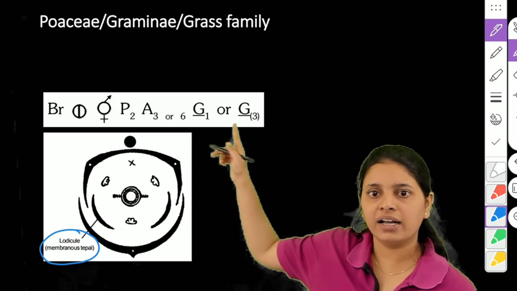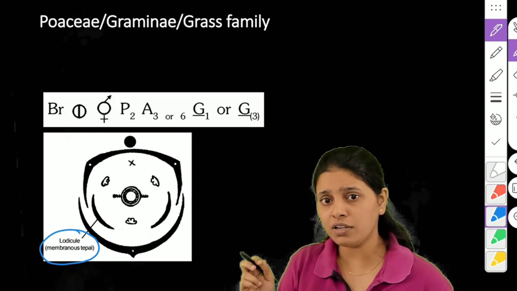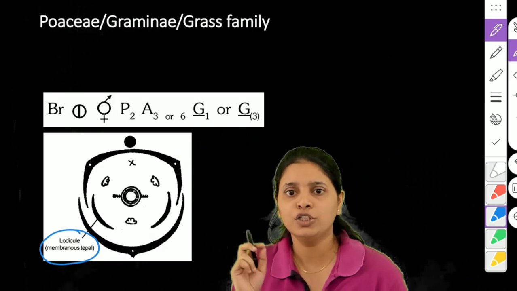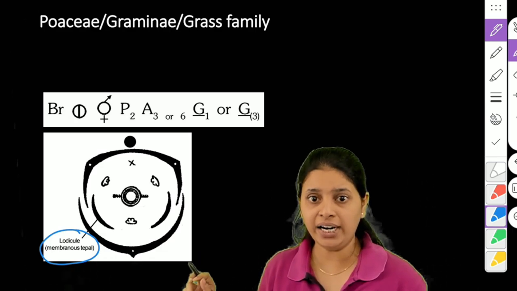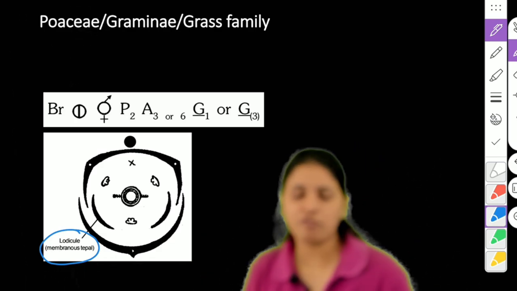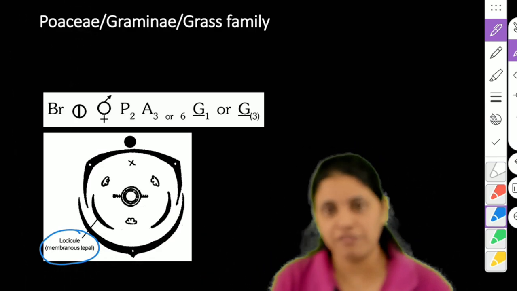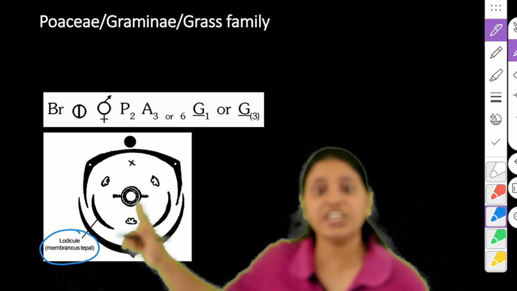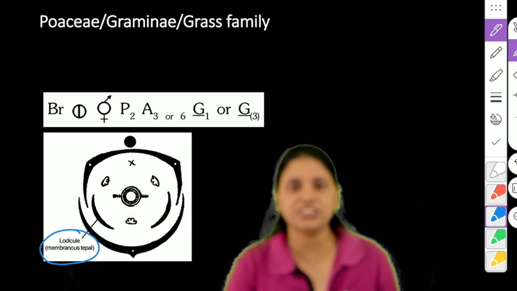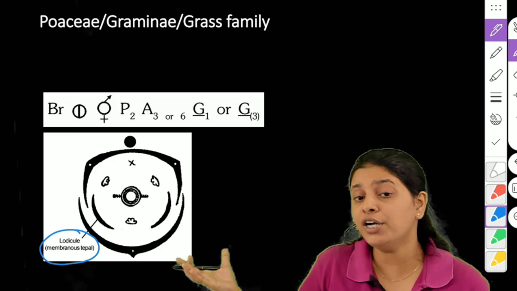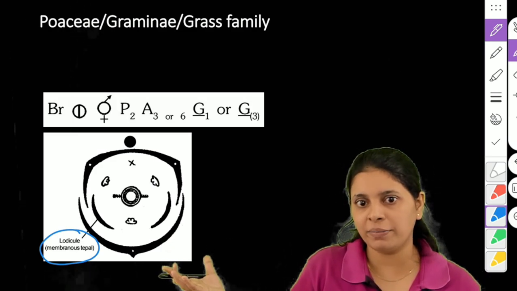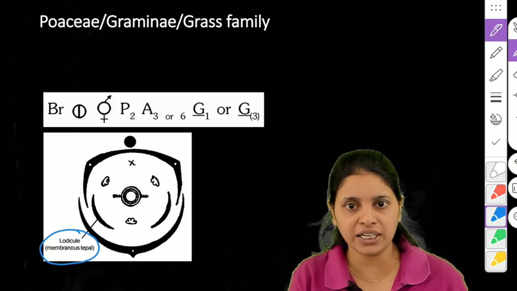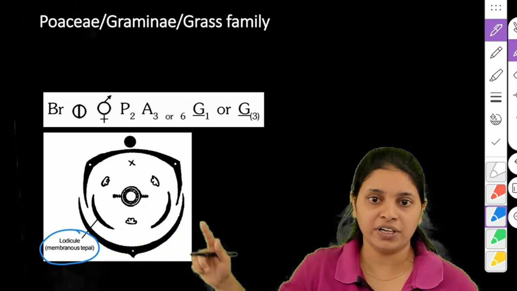Okay, underline is present to the G, that means superior ovary, right? A characteristic feature of this Graminae family is that the stigma is feathery. How is the stigma? Feathery, because wind pollination is common in this family. So to capture pollen grains, the stigma is feathery.